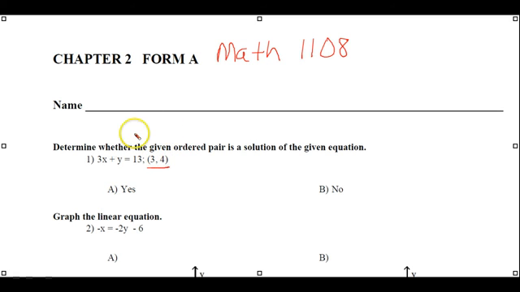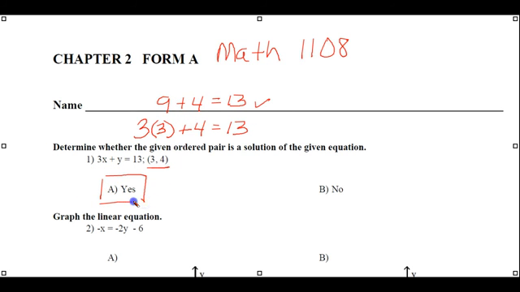So, 3, and our x value is 3, plus y is 4, and does that equal 13? Well, we have 9 plus 4 equals 13, and it does. So the answer is yes.